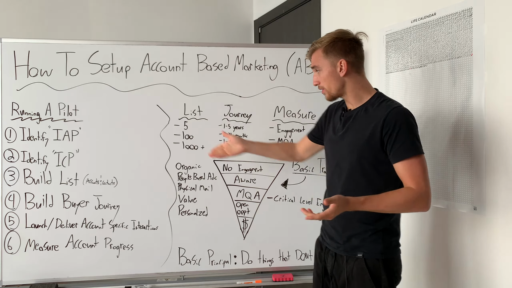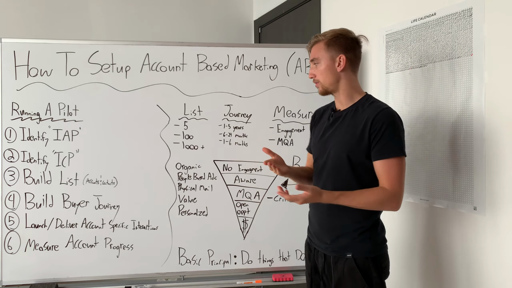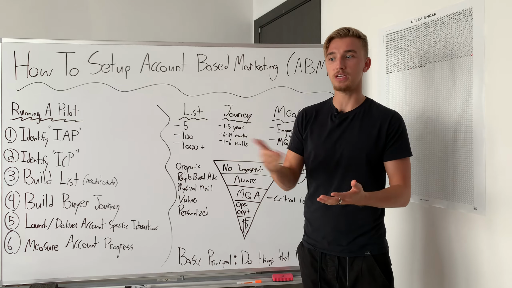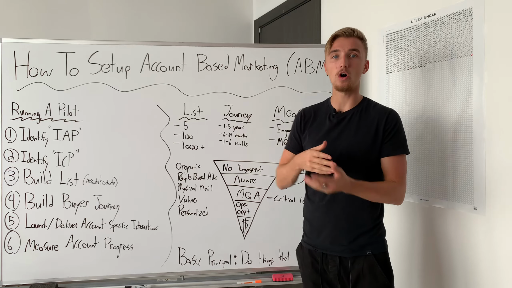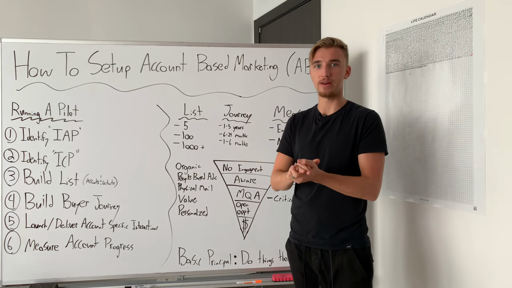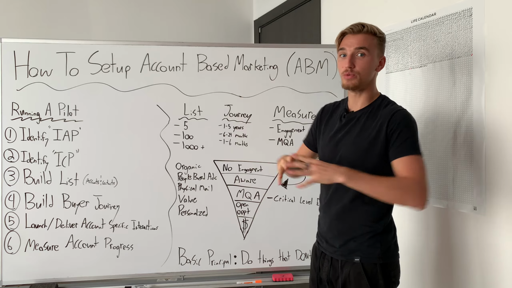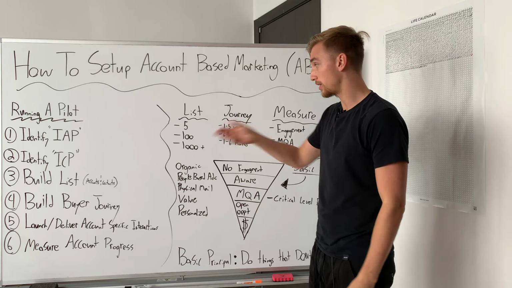So you have a list of 100 accounts, but in reality you have between 500 to 1,500 actual contacts and people that you're going to be going after. So again, this thing gets really big very quickly, especially if you're going after 100 accounts.